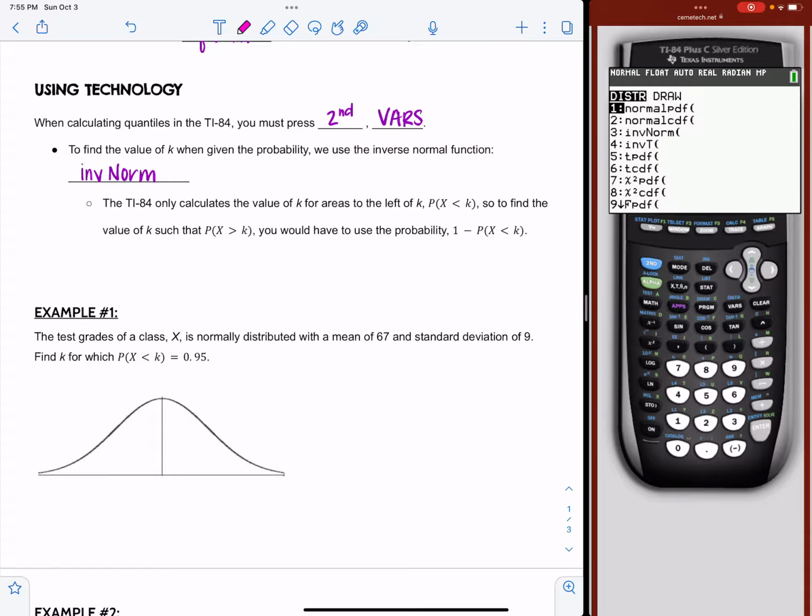That's the total probability. So if X has to be less than a value of K to give me 95%, then I need to go from the left side of my graph. This is already 50%, so I know that 95% is going to be somewhere around here.